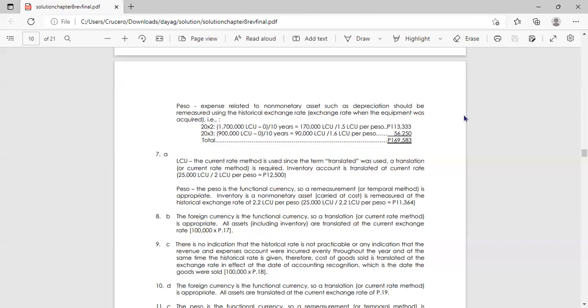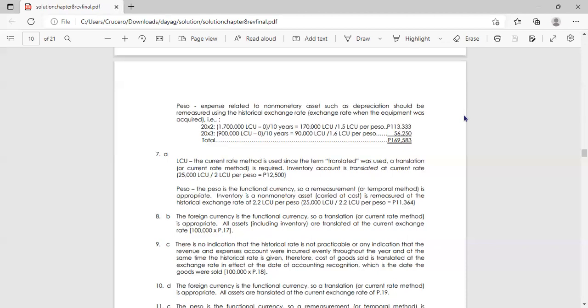And what amount does SB's consolidated income statement report for cost of goods sold for the year ending December 31, 20x5? So for number 8, the answer is letter B.